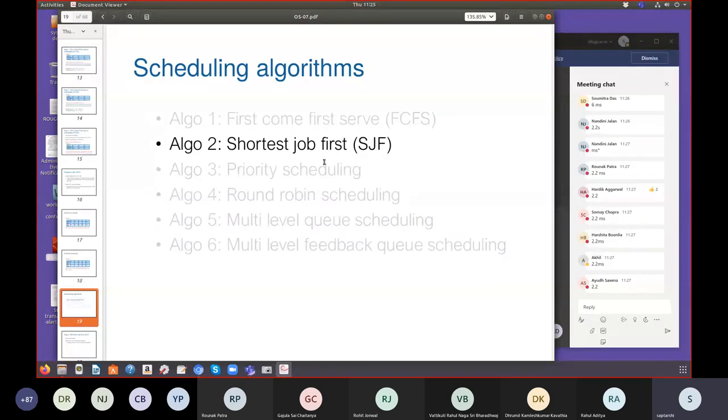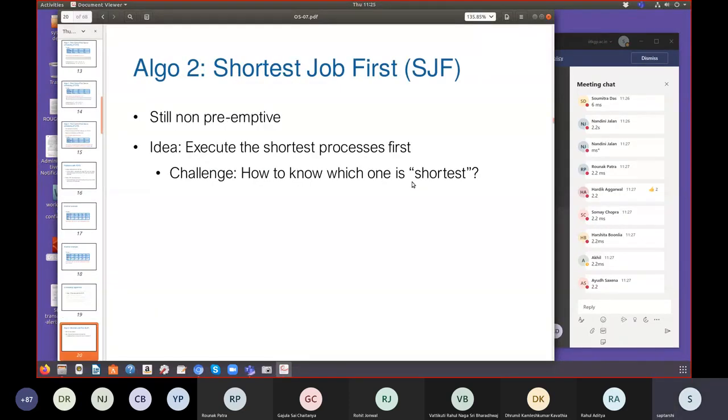Okay. So that is precisely what this next algorithm does, shortest job first. We are still considering non-preemptive. The idea is to execute the shortest processes first. Of course, now our question is how to know which one is shortest.